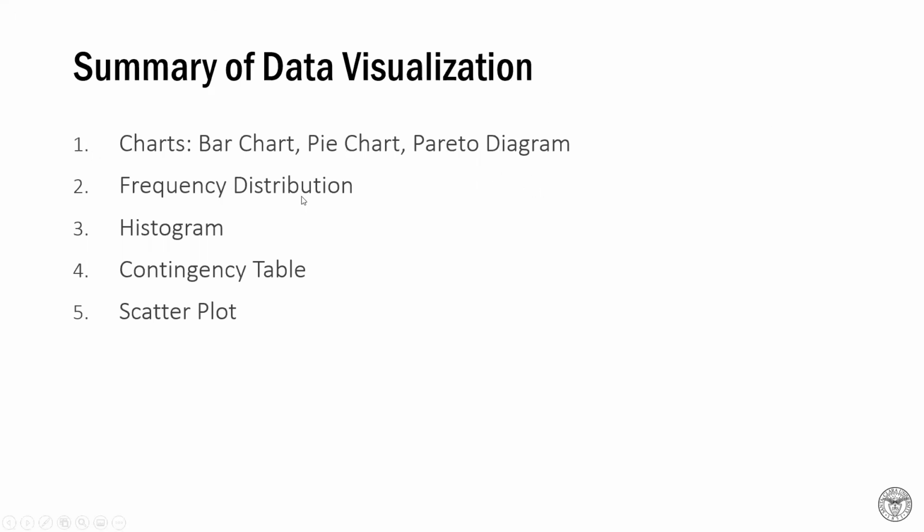We also talked about frequency distribution and histogram to illustrate the distribution information. Contingency table and scatter plot are helpful in summarizing the relationship of categorical data and quantitative data, respectively. And thanks for your effort in mastering these skills in this video. Thank you.